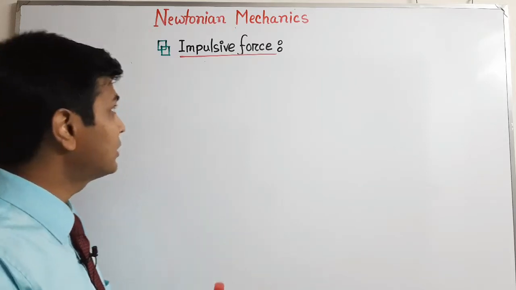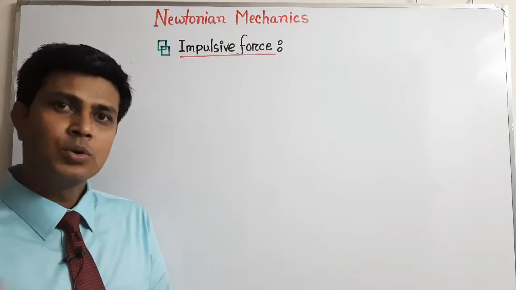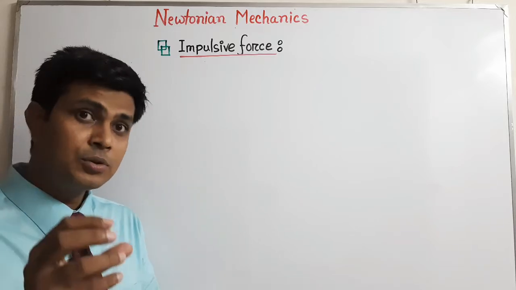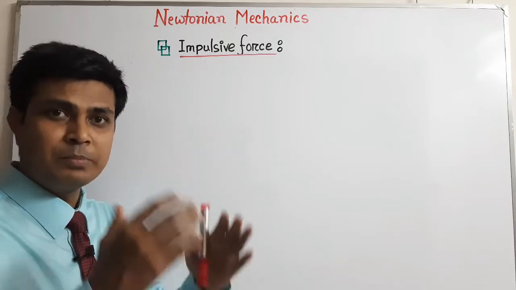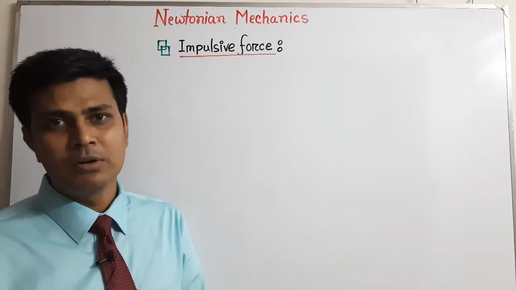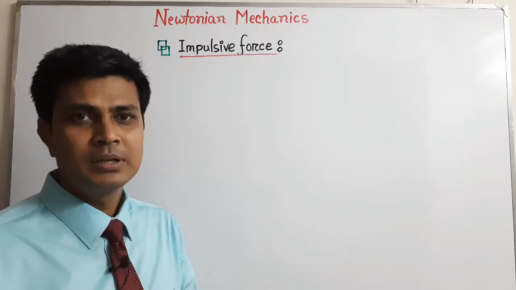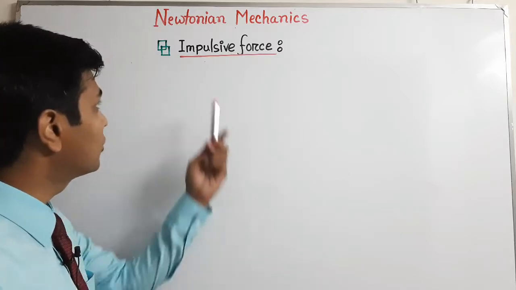So that force is called impulsive force. And when we throw a stone and the stone strikes the glass, the glass will break down. At that time, a huge amount of force acts on the glass within a very short time, and that force is also called impulsive force.